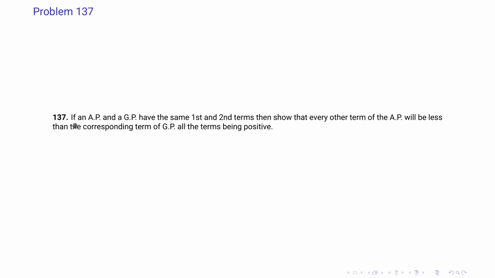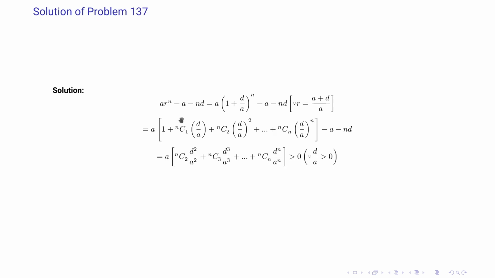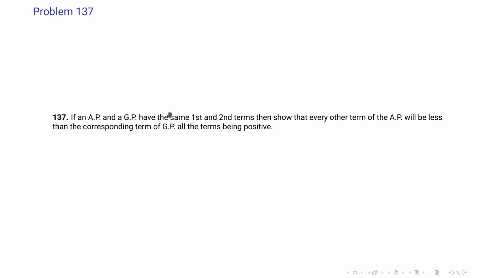Problem 137 says that if an AP and a GP have the same first and second terms, then show that every other term of the AP will be less than the corresponding term of the GP, all the terms being positive.